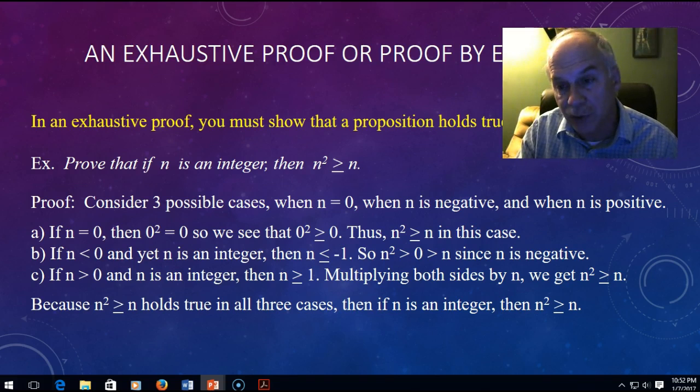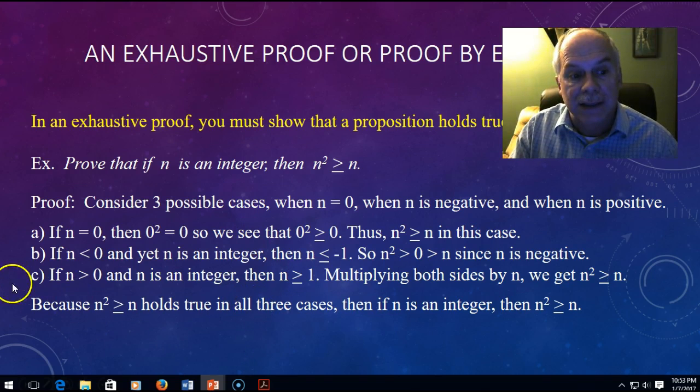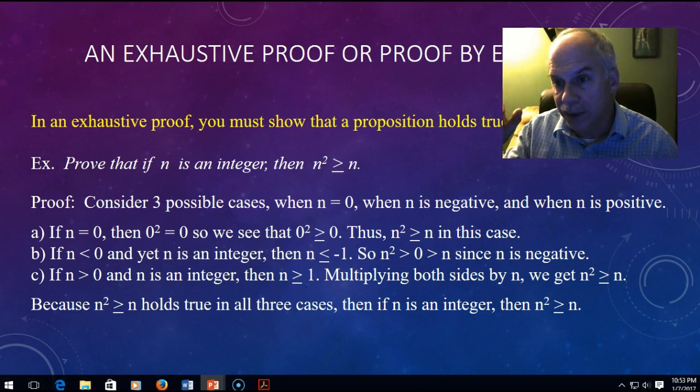So that holds true. Of course, when you're squaring a negative, you get a positive, and any positive number is greater than 0, and therefore greater than -1. In case C, if n is greater than 0 and n is an integer, then n would be greater than or equal to 1 because the lowest positive integer is 1.